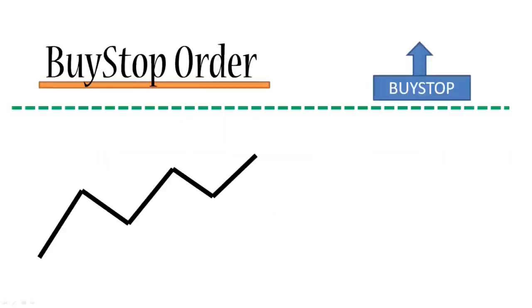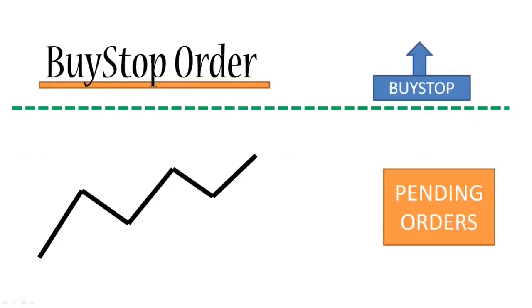Stop orders. So the first type of stop order that I'd like to introduce you to is the buy stop. Basically, the buy stop is a pending type of order. What that means is that when you set a buy stop, you're not actually entering the market. You're setting a condition or a trigger for a future order.